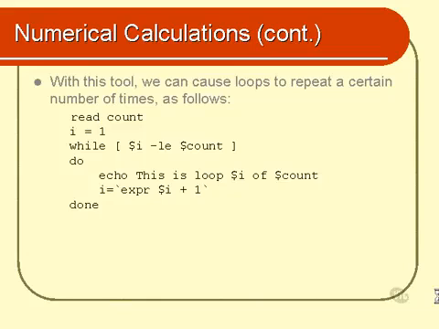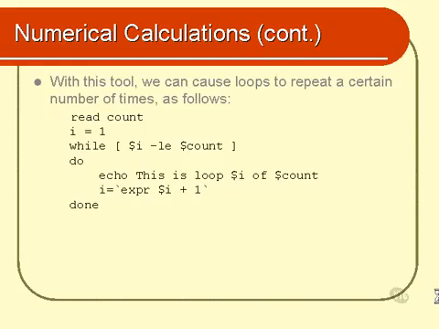So what we're essentially saying here is, while i is less than or equal to count, that's the -le, is less than or equal to, then we can, I don't know, print out a message or anything like that. This is loop number i of count, so that might actually print out this is loop 1 of 45, this is loop 2 of 45, and so on.